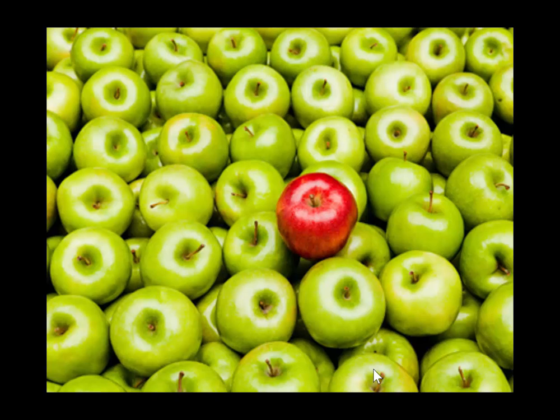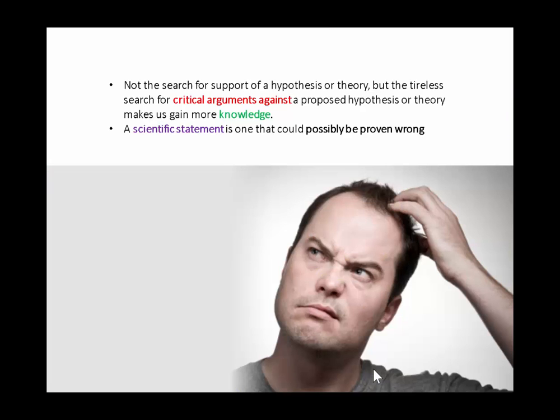Okay. So, ultimately, what we want to do is not the search for support of a hypothesis or theory, but the search for arguments against it, that advances our knowledge. So when you have a theory that you are interested in and want to test, you need to be the advocate trying to disprove it.